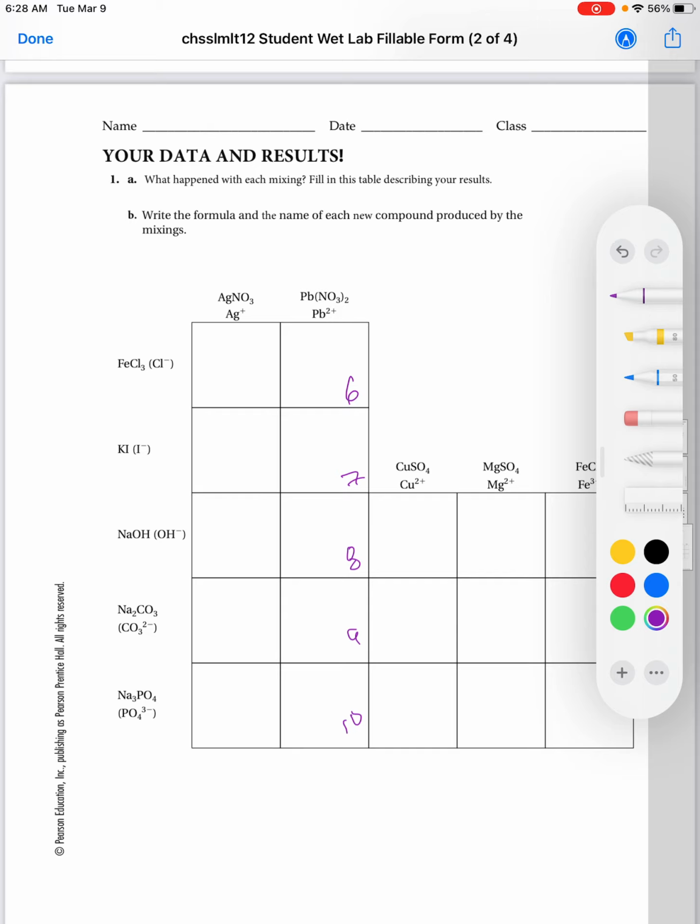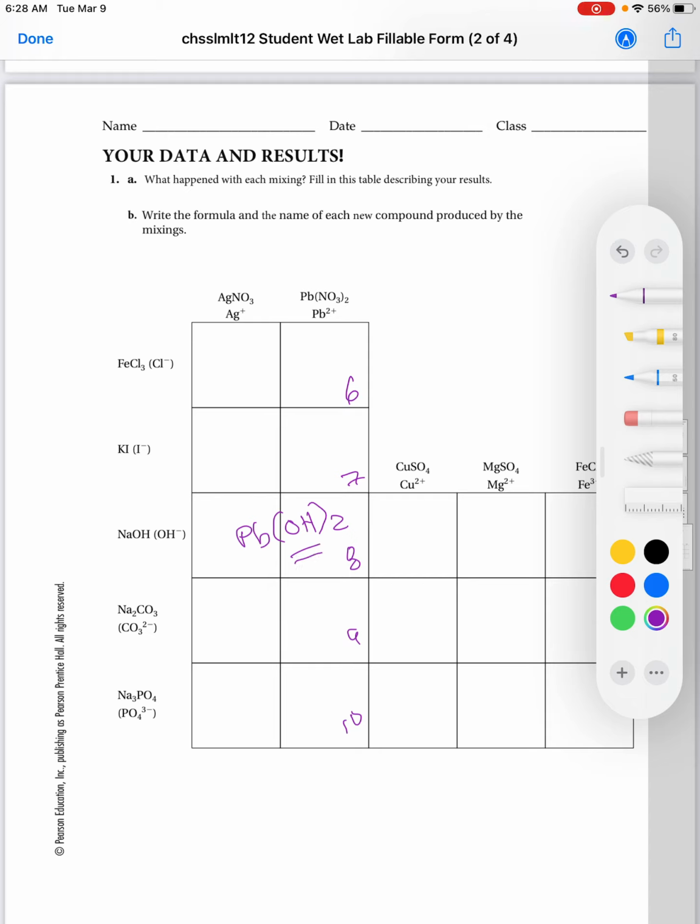The next one down is a white precipitate, and it is lead 2 hydroxide. So number 8 is lead 2 hydroxide with a white precipitate, and the formula is Pb, parenthetically OH2, because I need 2 of these hydroxide polyatomic anions.